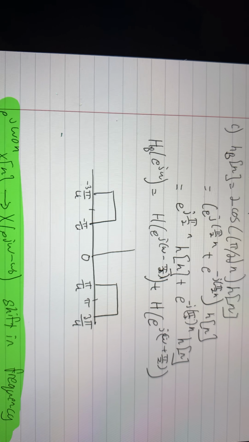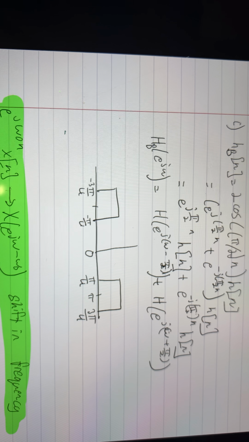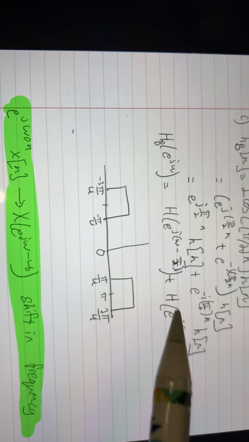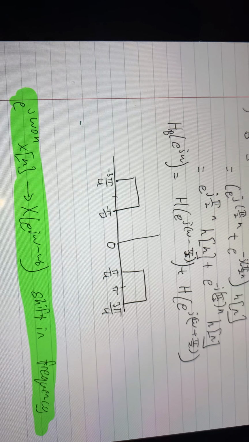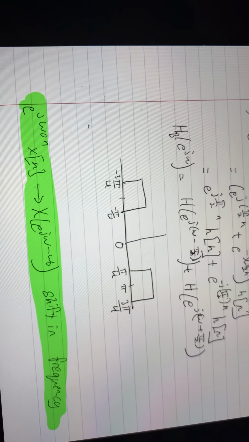But overall, that's essentially how you solve for the impulse response and solving for the different impulse responses where we have different equations using our original system.